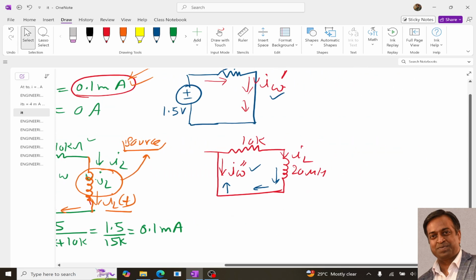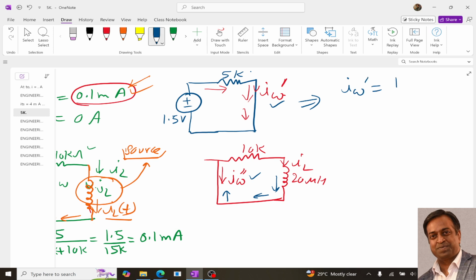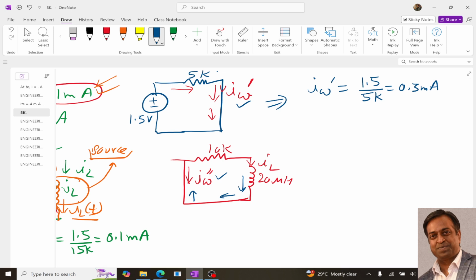For this particular circuit, we have one voltage source and one resistor. So the current IW dash will be 1.5 divided by 5k, which is 0.3 milliamperes.